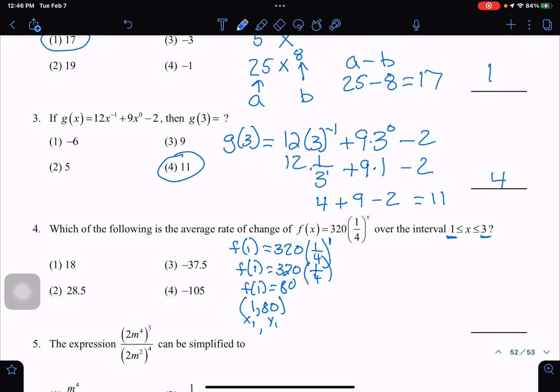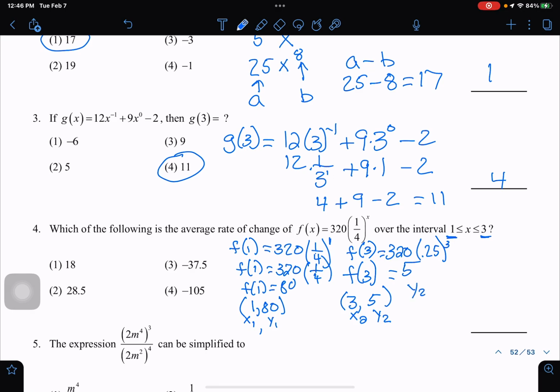All right, now let's plug in 3. So we have f of 3 is equal to 320. Now you could change the 1/4 to 0.25, raised to the third power. If you put that in your calculator, or you put 1 divided by 4 in parentheses like before, you end up with 5. Okay? So now we have the point 3 comma 5. Let's say that that's x2, y2.